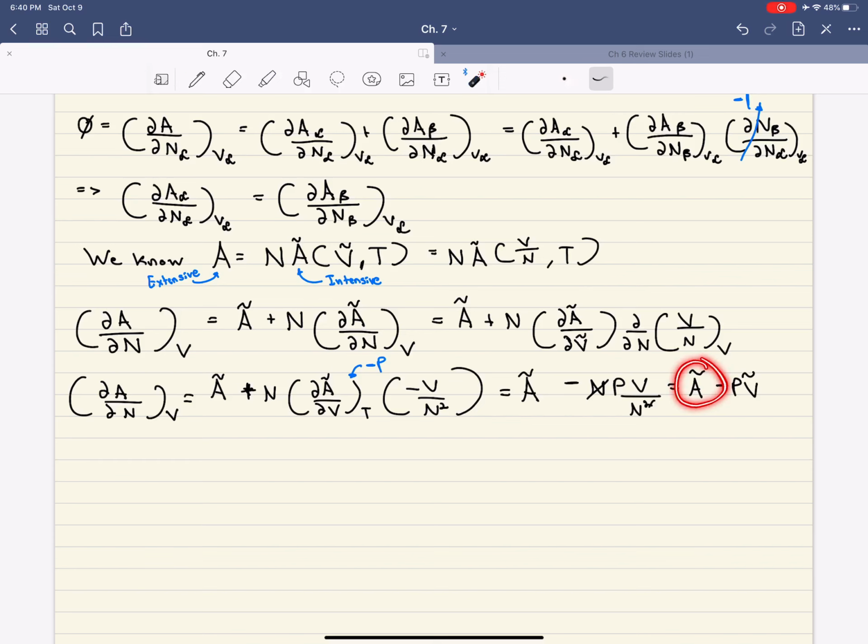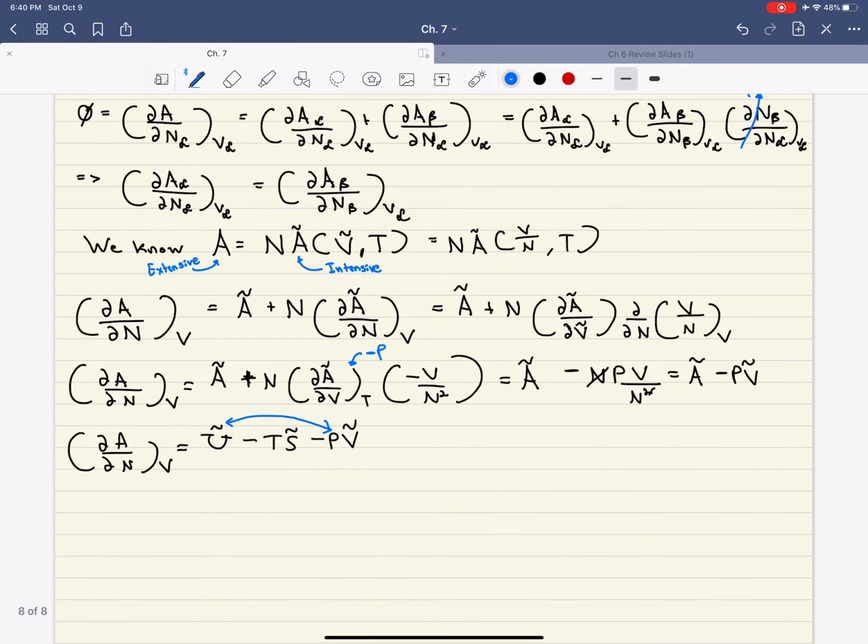What we could then do is expand out our molar Helmholtz into the molar internal energy minus T S, and the PV here. All right. Oh, whoops, I made a sign error here.